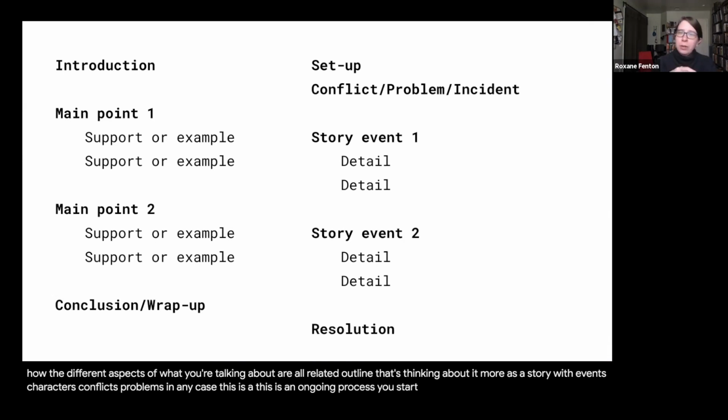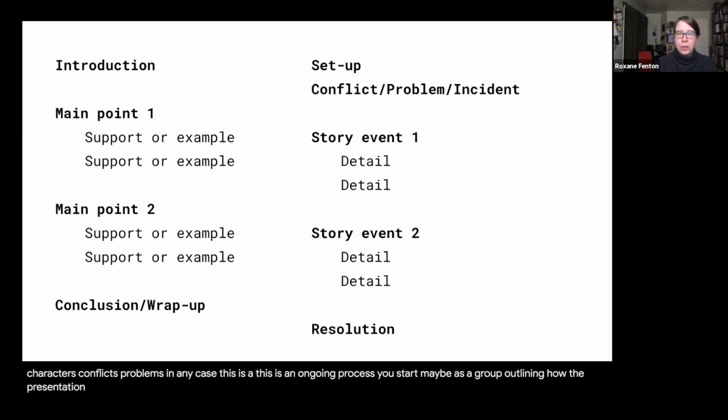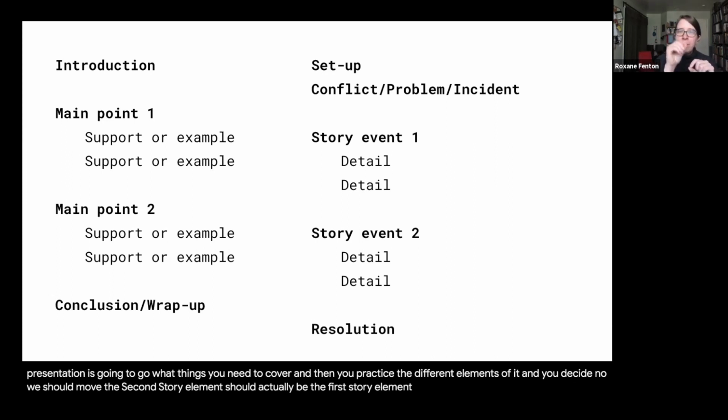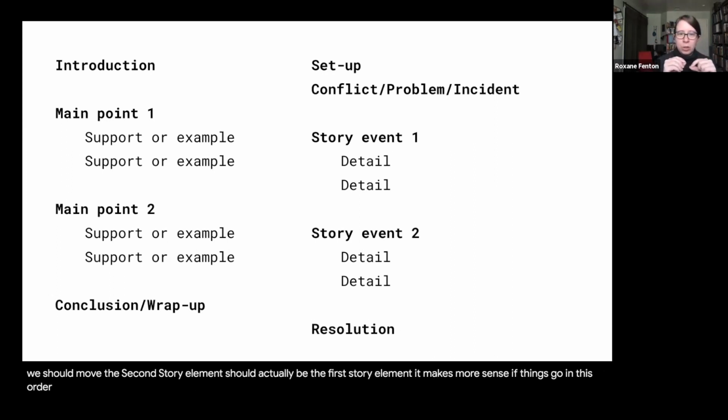You start maybe as a group outlining how the presentation is going to go, what things you need to cover. And then you practice the different elements of it. And you decide, no, the second story element should actually be the first story element. It makes more sense if things go in this order. And then you try it again.